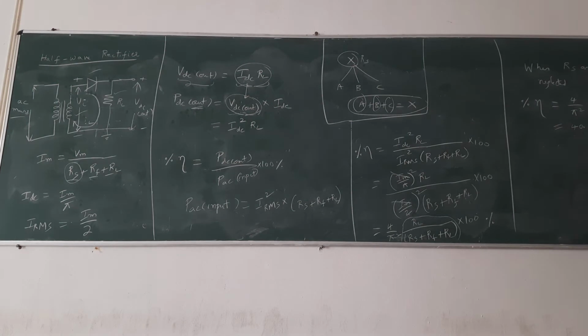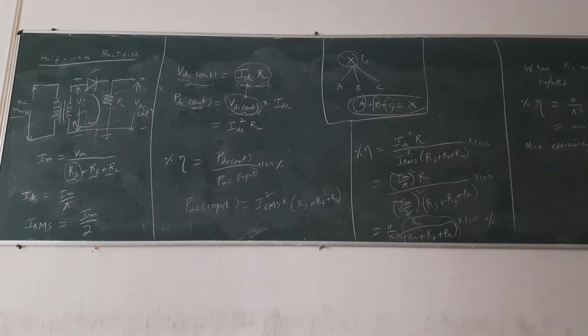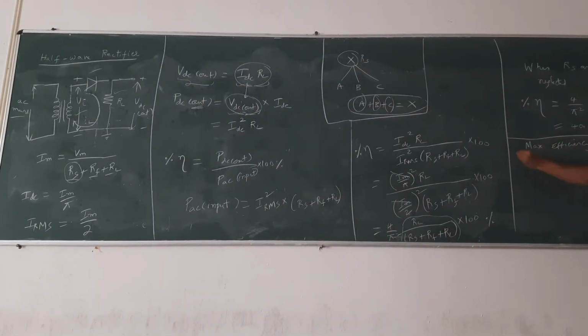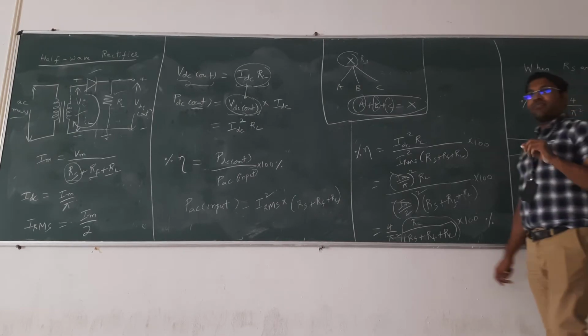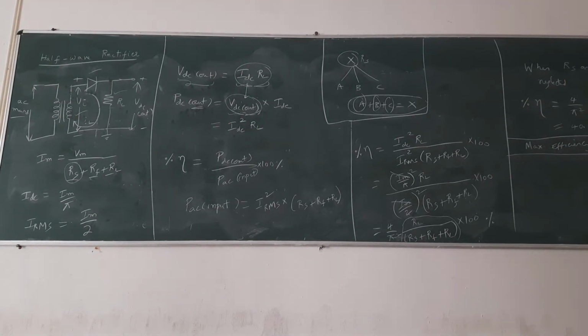So the maximum efficiency of a half wave rectifier is 40.6%. Okay, 40.5, no problem. 40.58, okay, no problem.